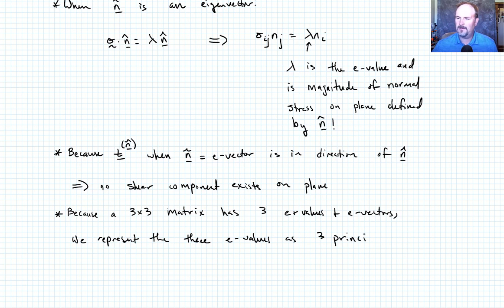Hopefully you remember a little bit about this from Mohr's circle. We just call those lambdas sigma 1, sigma 2, and sigma 3.